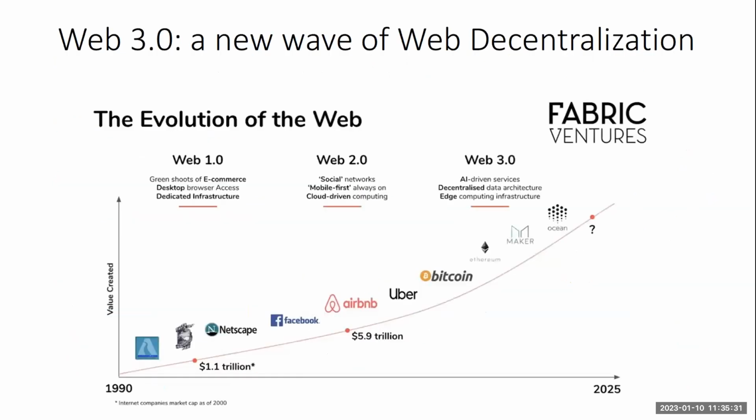Nowadays, if we look at the evolution of the web, we had initially a web with applications like e-commerce, with access through desktop browsers and so on. The web in which we are today is more social, right, and more mobile.